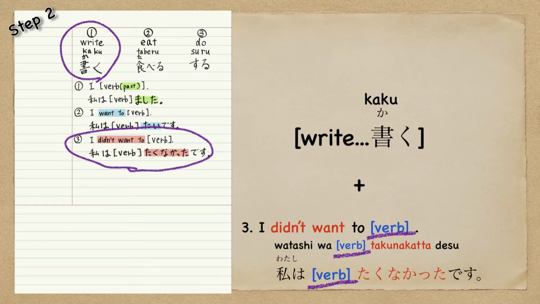Put 書く here. I didn't want to write. 私は書くたくなかったです. So concentrate on the phrase: I didn't want to verb in Japanese. 私は verb たくなかったです.